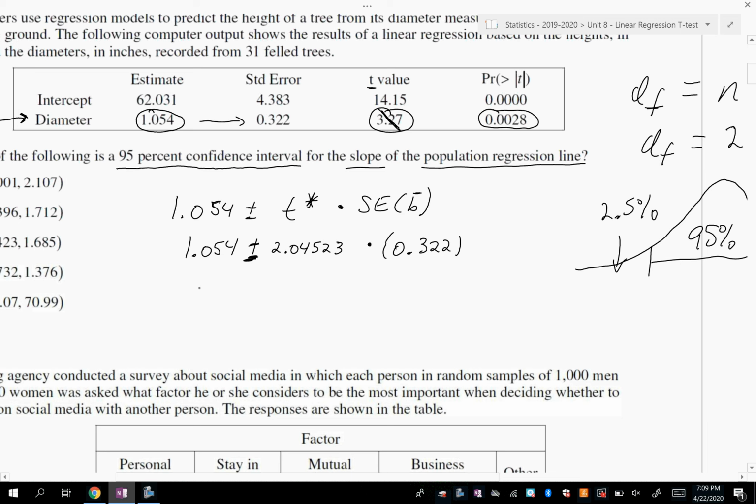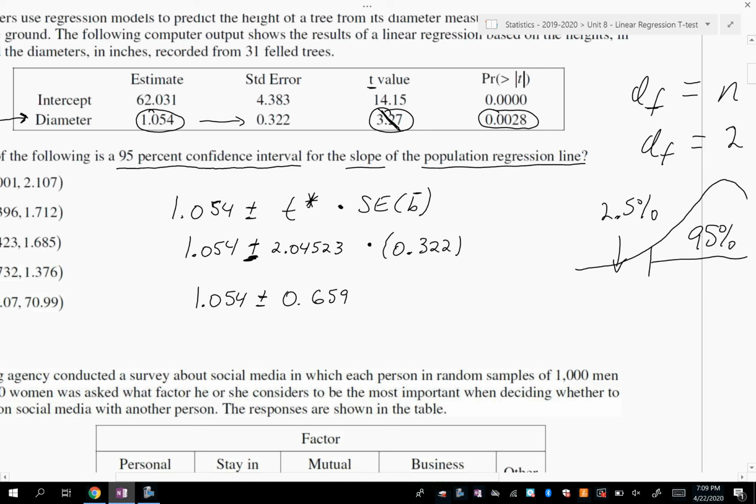Okay, now to finish the problem, all we're going to do is multiply our t star, which we just found, of 2.04523, times our standard error of 0.322 to get 0.659.